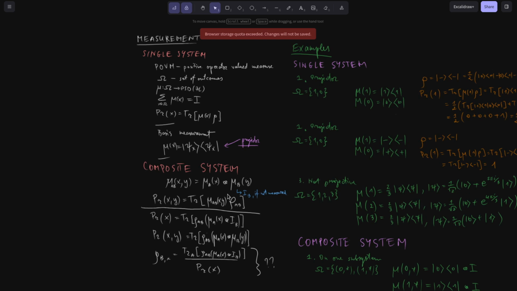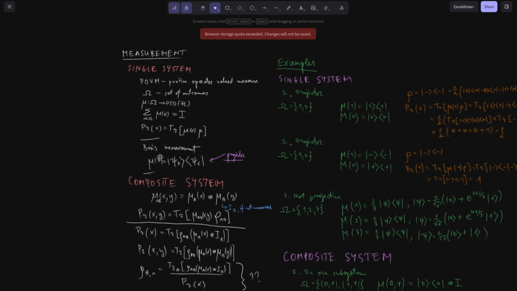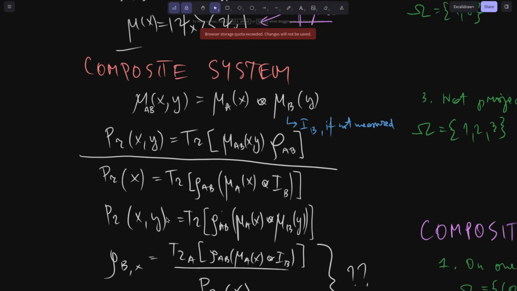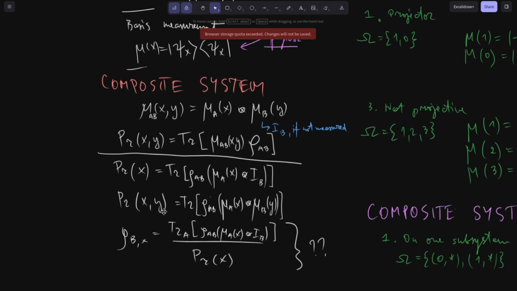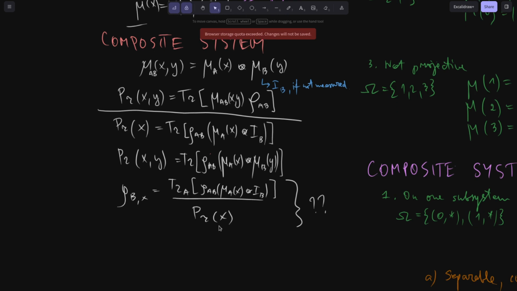We started with examples, right? This is the composite system definition. So for a composite system, we just combine two measurements with this product, and we apply those to the state, and we get, again, the trace is the probability, but now we have this definition without question marks.